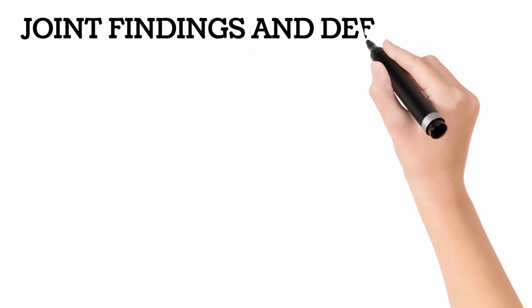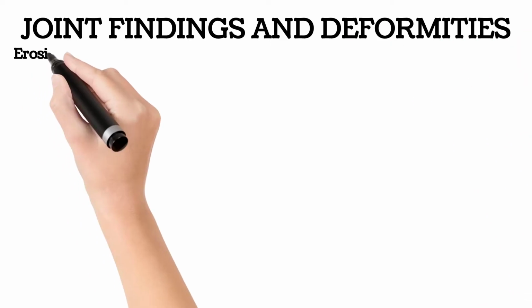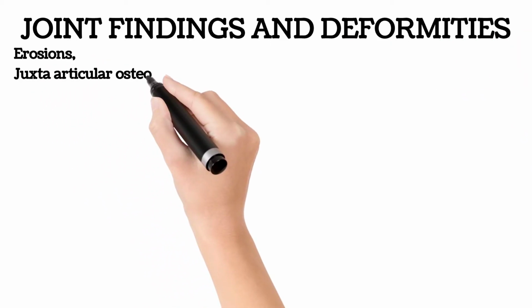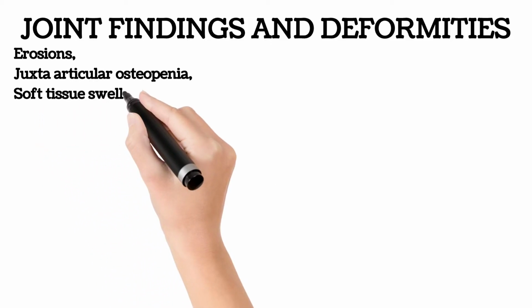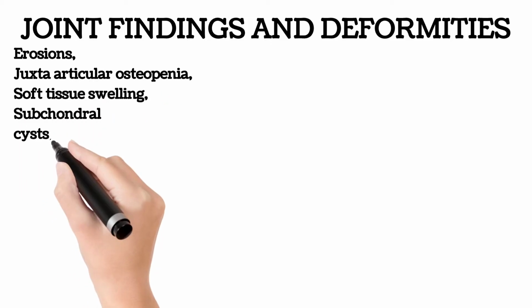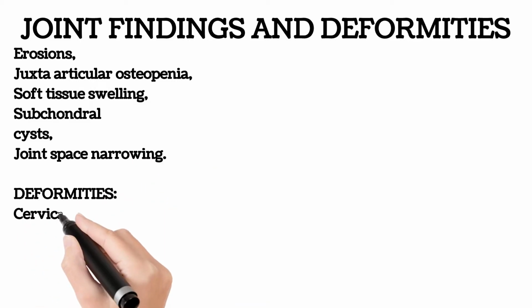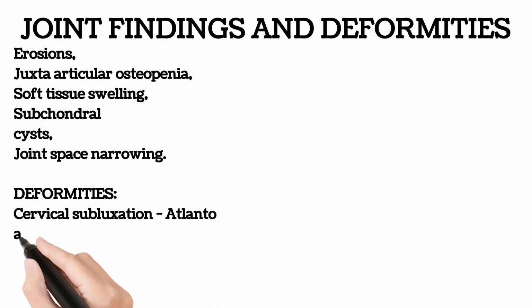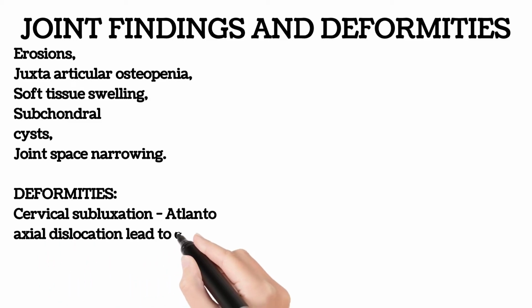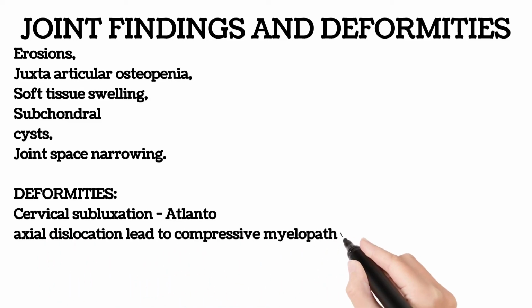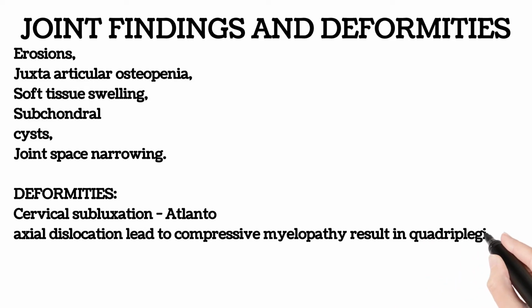Now coming to the joint findings and deformities associated with rheumatoid arthritis. Erosions occur, as we saw earlier, with erosion of the articular cartilage. Juxta-articular osteopenia is present. Swelling is present because of the inflammation. Subchondral cysts and joint space narrowing are present. Now the deformities.